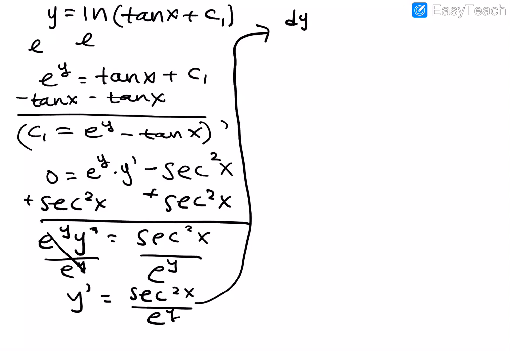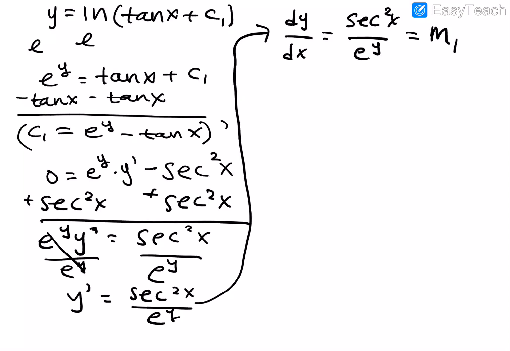Well, that's dy/dx equal to secant squared x over e to the y, which we said was our m1. And we want to find our m2, which was the negative reciprocal.